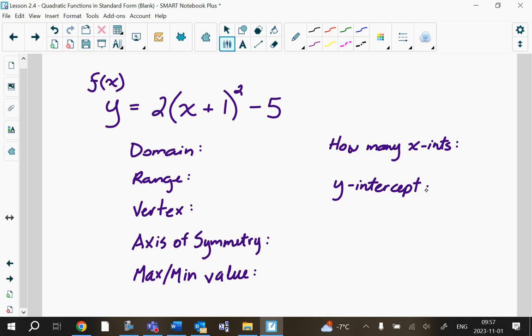It is possible to answer all of these characteristics without graphing. Which is why in the first questions of exercise 2.3, I said without graphing, state all these properties. I should clarify that I'm not going to give you a question where I say you can't graph it but you have to state all these.